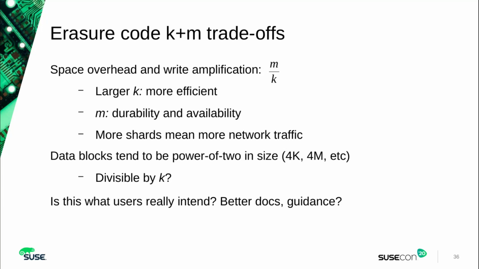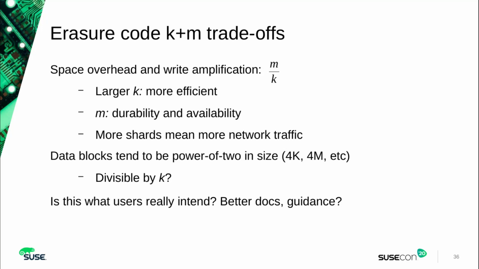So it's generally useful that the incoming data blocks can be divided by k for maximum space efficiency. Most software tries to write data in power of 2 blocks, so typically k being a power of 2 as well would be useful. So the question deserves to be asked: are those K+M values what users choose? Or do we need to improve our documentation?